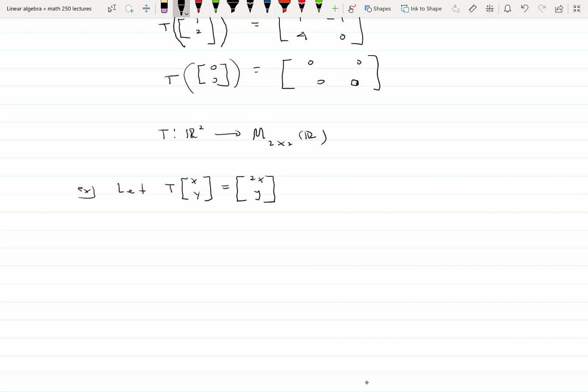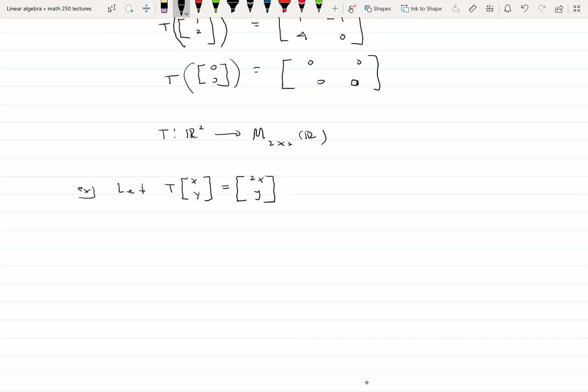In engineering, it's important to look at transformations that take objects in one vector space and move them around, or stretch them, or flip them in some sense. I'll leave it at that.